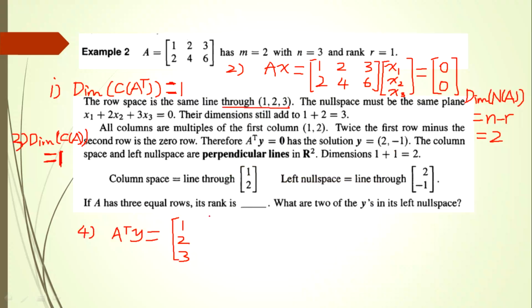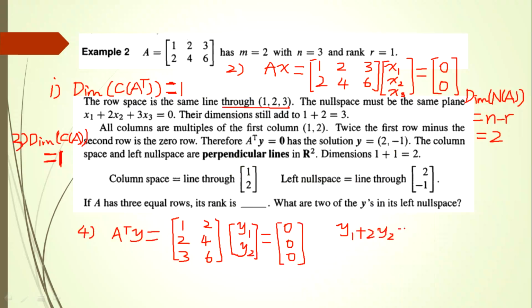Those examples are actually pretty easy for explaining the 4 subspaces. A transpose times (y1, y2) equals 0. So you will notice that we get y1 plus 2y2 equals 0.